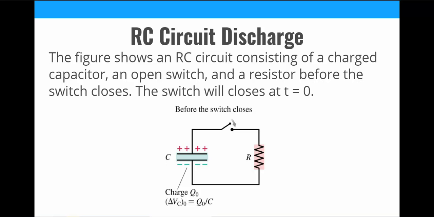So theoretically, it's completely charged to whatever its capacitance is, 5 microfarads or whatever it is. And so we know for a capacitor, V equals Q over C. In this case, it says the charge is Q naught. Why do you think it says Q naught? Yeah, the initial, because it's going to change with time. It will start at Q naught and eventually go to 0 charge at some point.